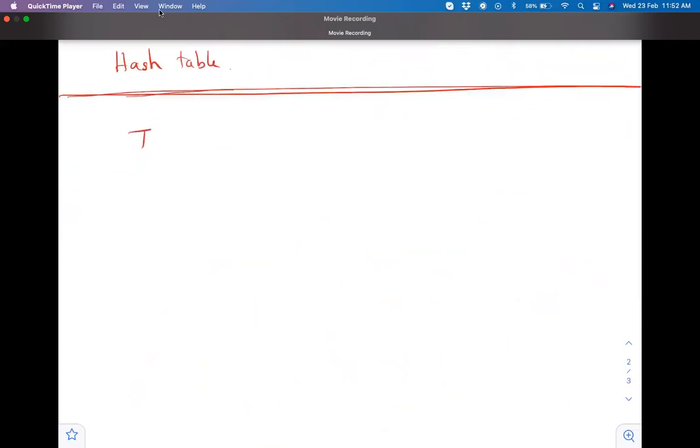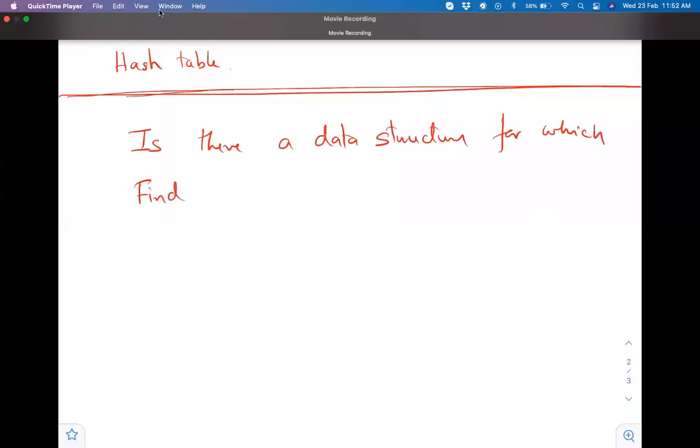Is there a data structure for which find can take small o of log n, or basically much lower than log n steps?